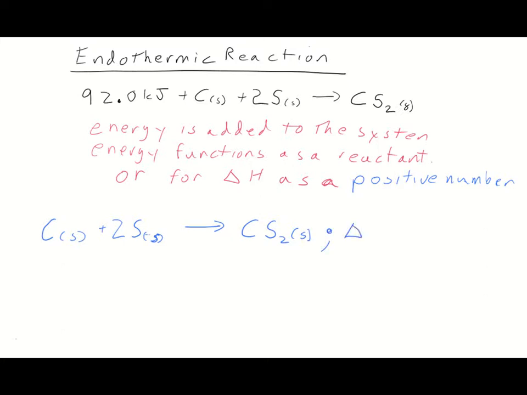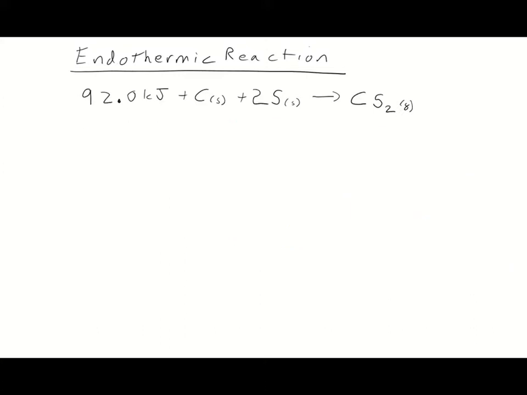And even though energy is a reactant in this equation, we still write that delta H symbol at the end, but we make the number positive instead of negative, since it's an endothermic. So that's an endothermic reaction.